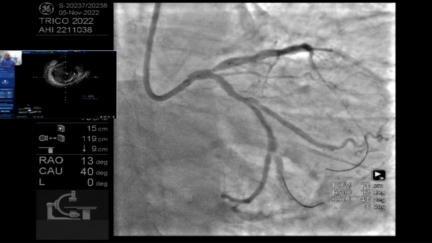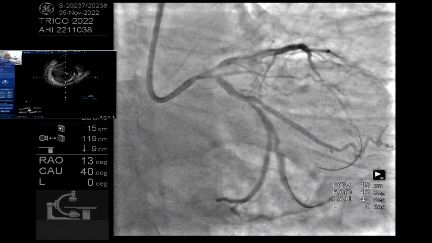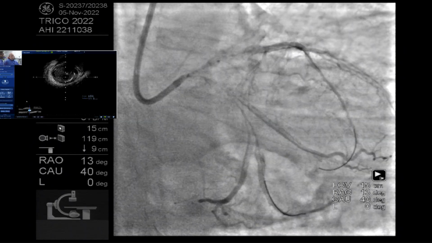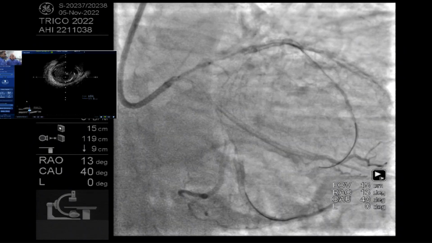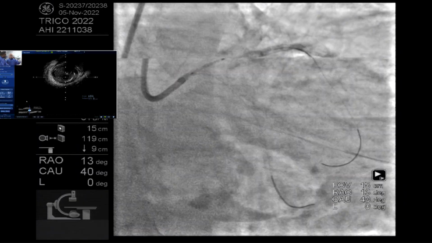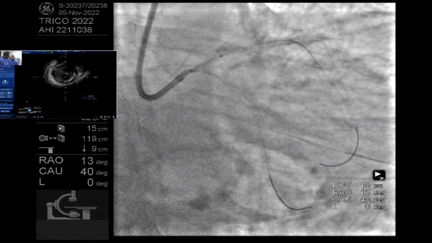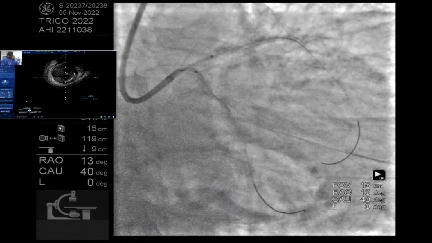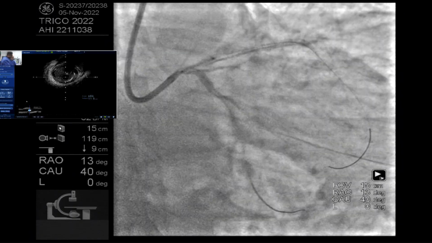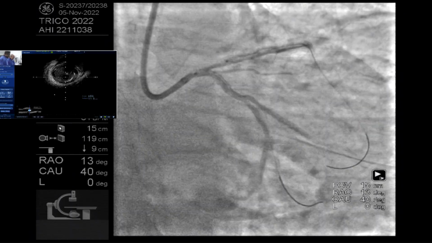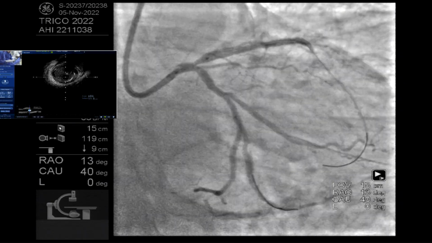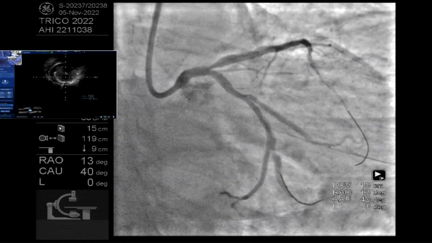Any problem? Okay, yes, IVUS. You can see the IVUS, the upper portion, right? We did IVUS, and the IVUS result was perfect. Can you see the IVUS over there? Do OCT? No. I think we could see IVUS here, yes.